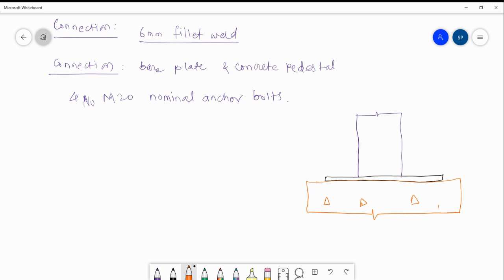This is going to be the concrete pedestal. How to decide its depth we will see in next video.